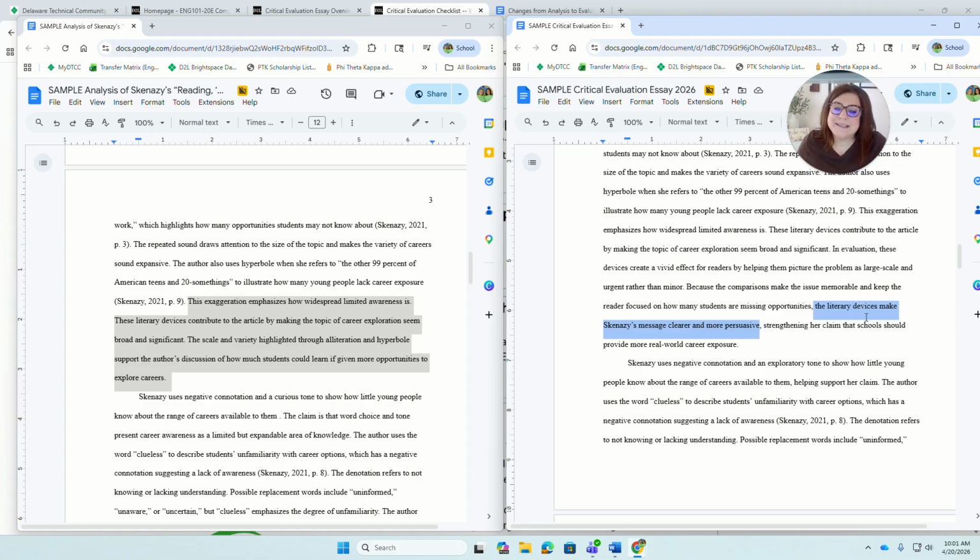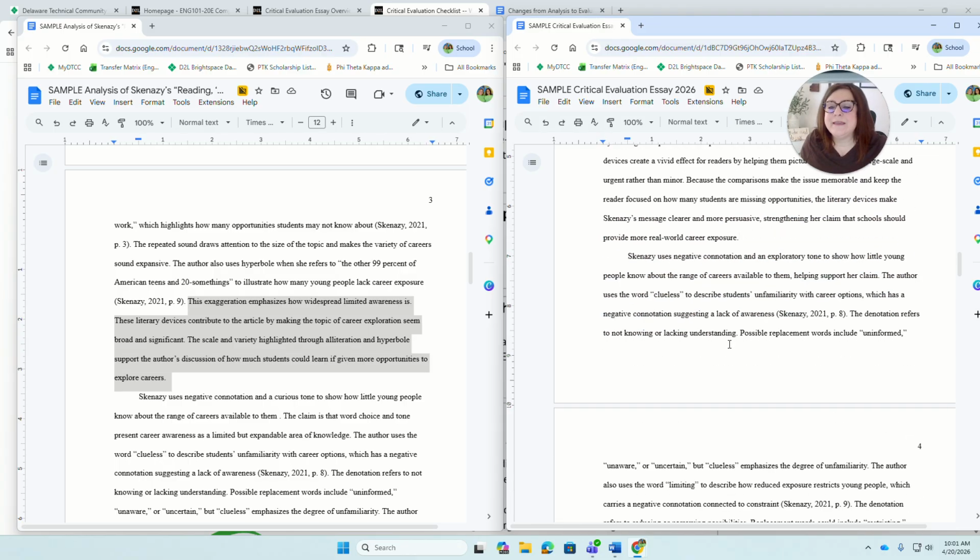So because these literary devices are clearer and more persuasive, it strengthens her claim that schools should provide more real-world career exposure. So notice that we have changed to explain how it makes it weaker or stronger, okay?